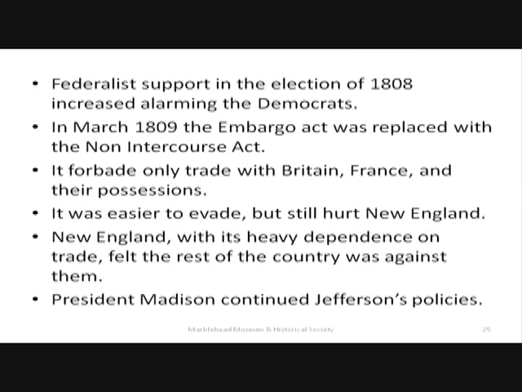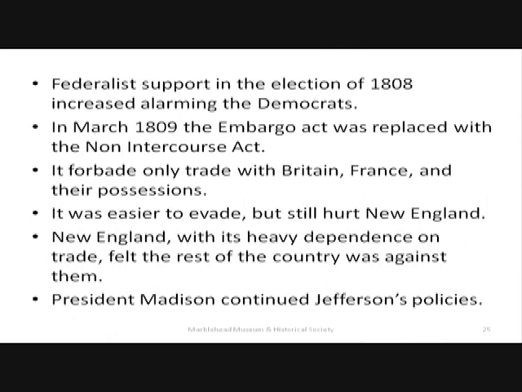And one thing that really gets politicians' attention is watching the other party do well. In the election of 1808, the Federalist support went up because the Federalists were the ones for free trade, and they did not want any limits from their own government.